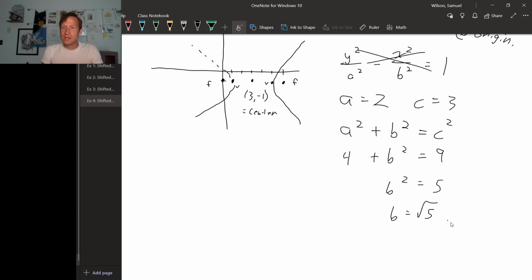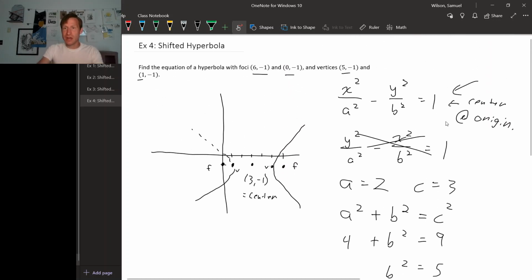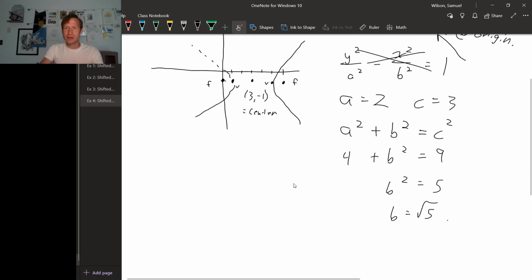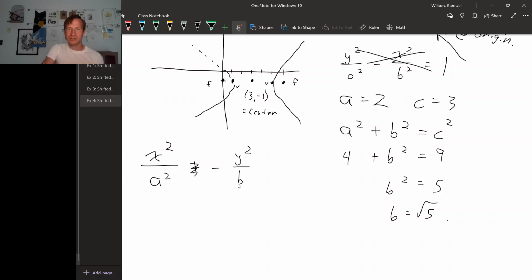Okay, so now we can write the unshifted equation for the hyperbola. We're going to use the version of the hyperbola that has the x with the plus in front. So x squared over a squared minus y squared over b squared equals 1.